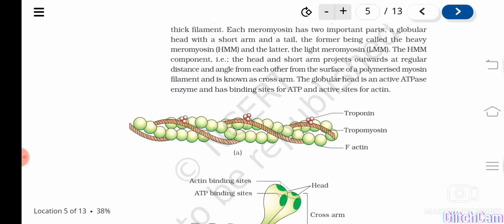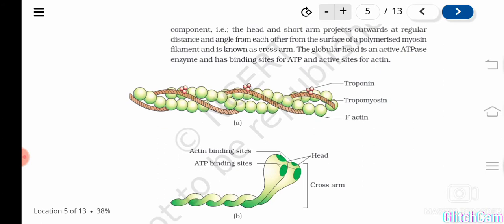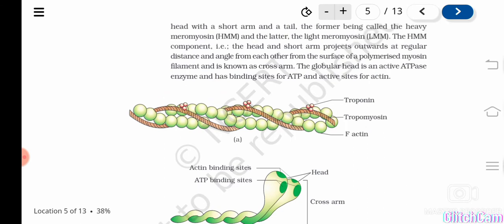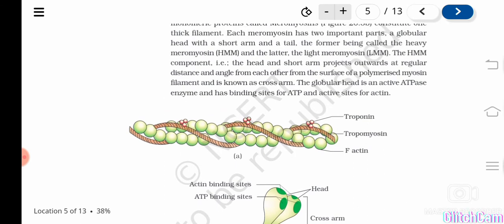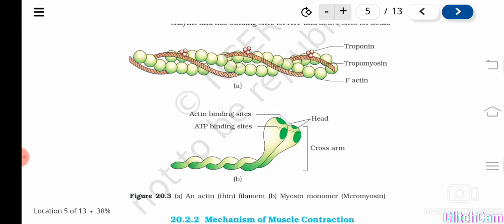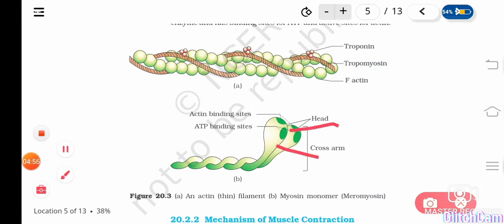A globular head with a short arm is there. That is known as the HMM. Understood? And then they have a tail. This two parts, head region and arm region, this two together we call as HMM, heavy meromyosin.